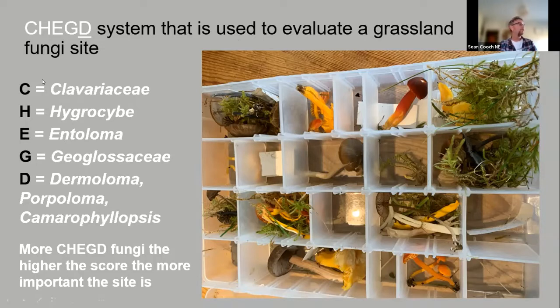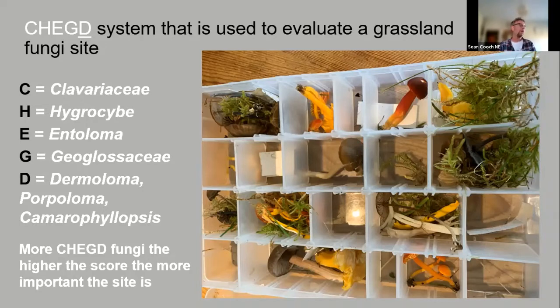The CHEGD stands for Clavariaceae, the clavarioids, the Hygrocybe, that is the waxcaps, the Entoloma group, the earth tongues, the Geoglossum, Microglossum, Trichoglossum, that broadly covers them. And then this slightly different group, which is the D, which includes a few of the taxon groups, the Dermoloma, Porpolomopsis, although there's been some changes with that, and the Camarophyllopsis. There are further taxonomic changes in there, but I won't go into the detail of that.